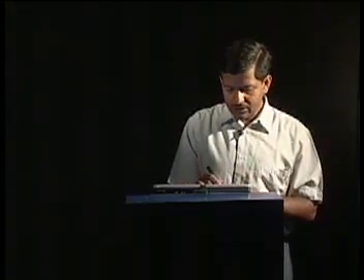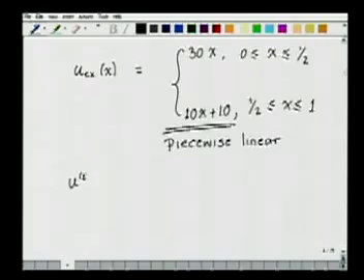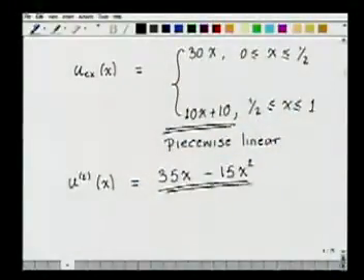Now if I look at the two-term solution for this problem, let's see what it is. 35x minus 15x squared. Look at this solution. It is certainly not piecewise linear.